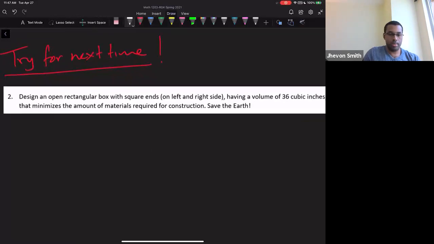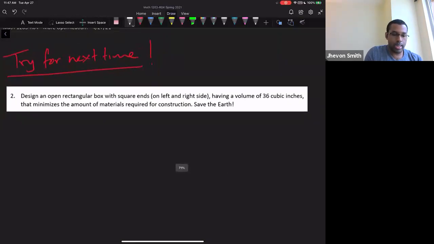Let's actually get into it. Design an open rectangular box, which means you need to tell them how to design it. That's a fancy, posh way of asking for dimensions. When you want to give them a design, you have to tell them to build this length and this width and this height.